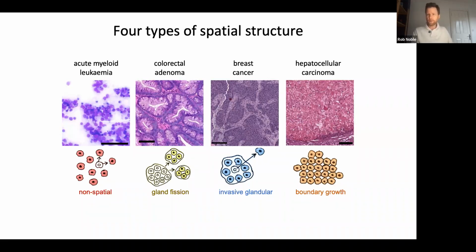This is something we discuss in the paper, that, for example, in colorectal tumors, what you might have is that this mode of gland fission dominates early on when you have an adenoma that really is growing into more or less empty space, into the lumen. And then later on, some of these cells acquire mutations that allow them to invade the surrounding tissue.